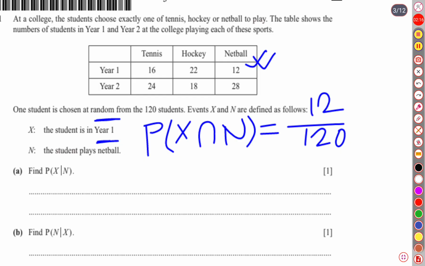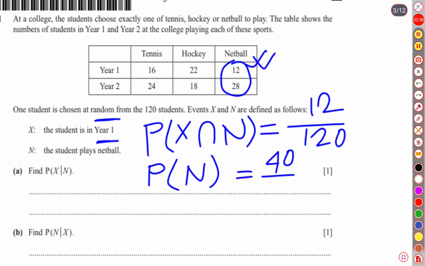Then we will find the probability of the student who plays netball. How many students are there playing netball? In total there are 40 students who choose netball. So 40 out of 120.